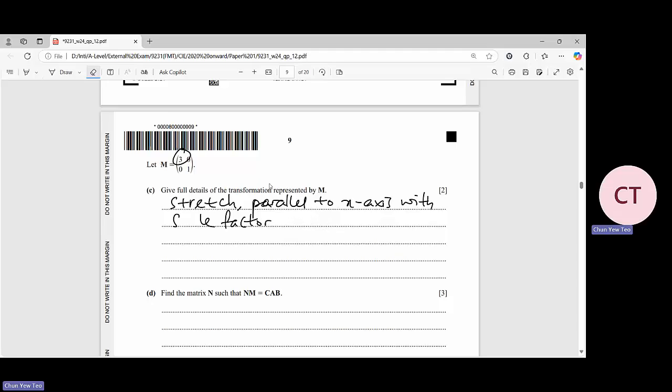Just mention scale factor 3 will do. That will be the answer for 4C.